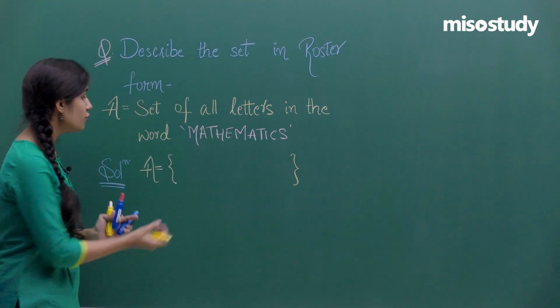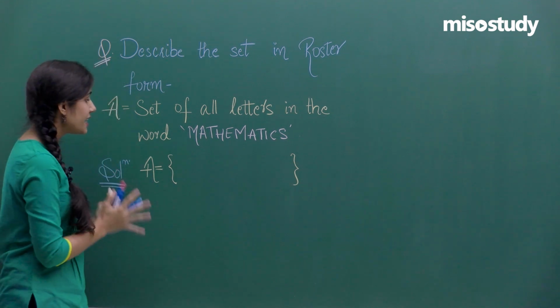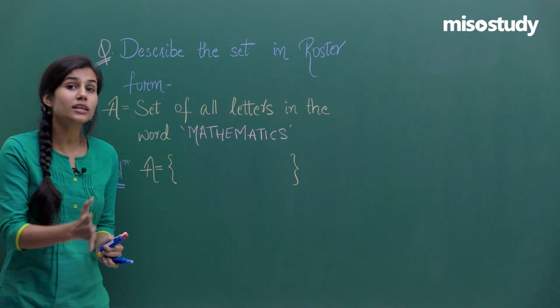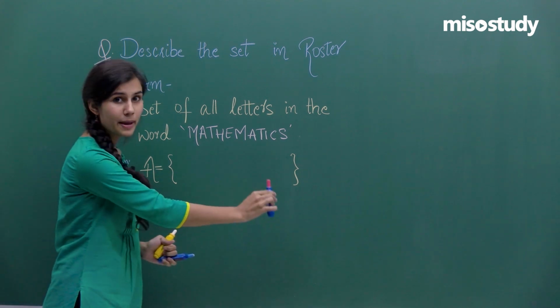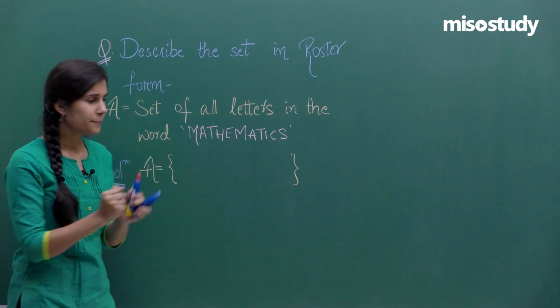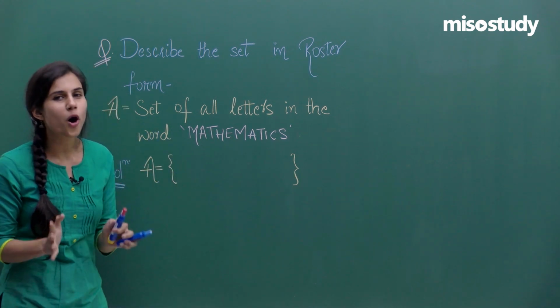But in order to fill in the members inside this set, it is very important to understand what the members are. Once you come to know the members, you just have to pick them, place them and separate them with commas.